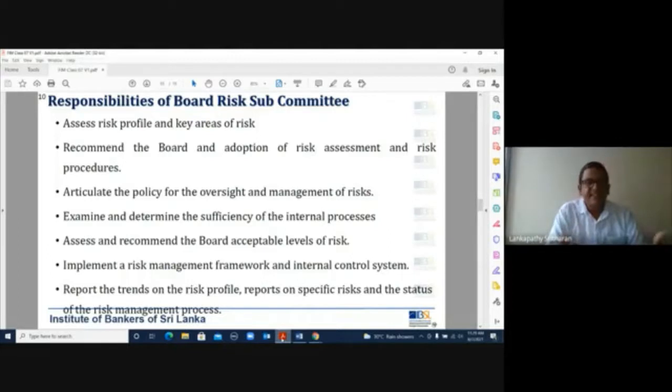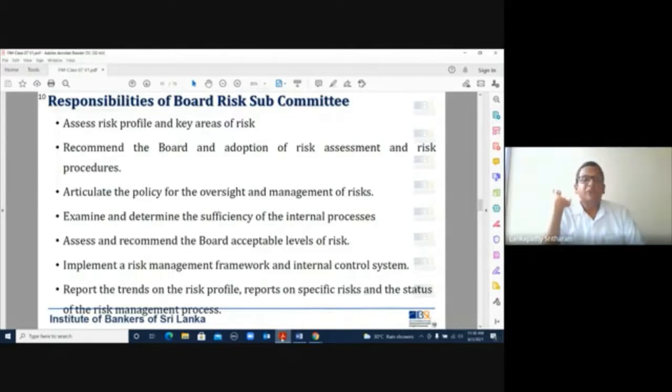So they will assess the risk and recommend to the board the adoption of risk assessment and risk procedures to be followed. There should be some limits. They also articulate the policies for oversight and management of risk. Another responsibility is to examine and determine the sufficiency of the internal process.